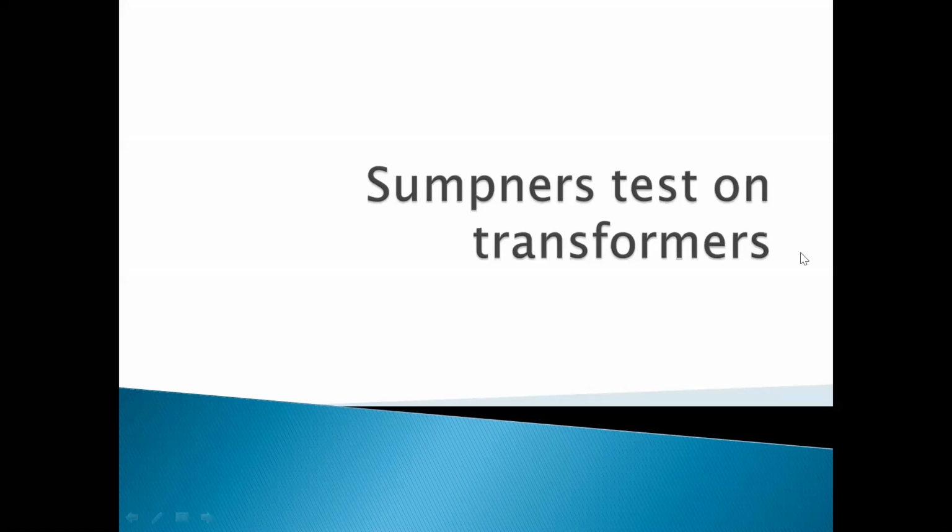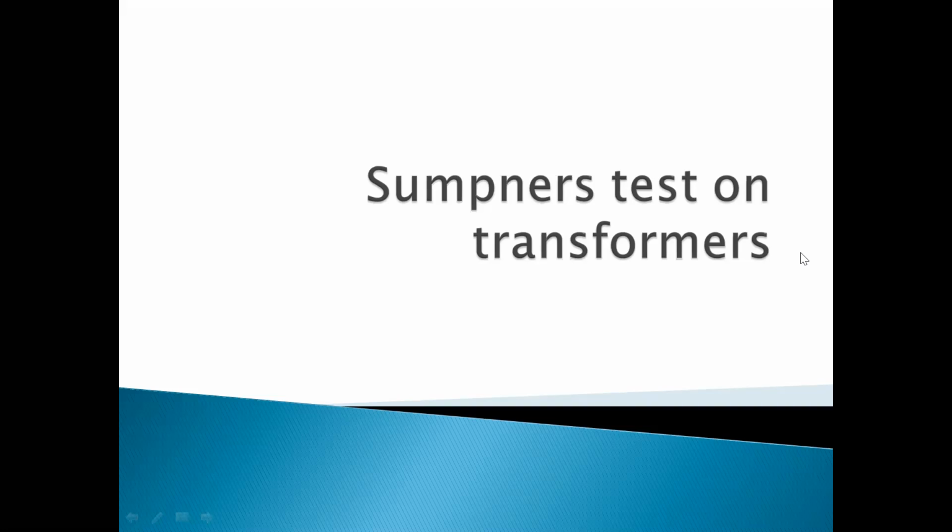Today I will explain Sumpner's test on transformers. Sumpner's test is also called the back-to-back test. This test is used to determine the efficiency of the transformer, to determine the regulation of the transformer, and the third one is to determine the temperature rise of oil of the transformer.